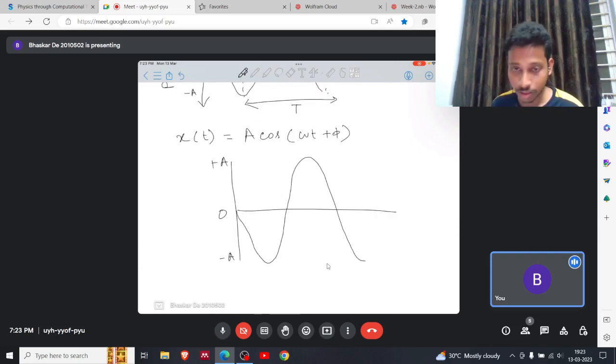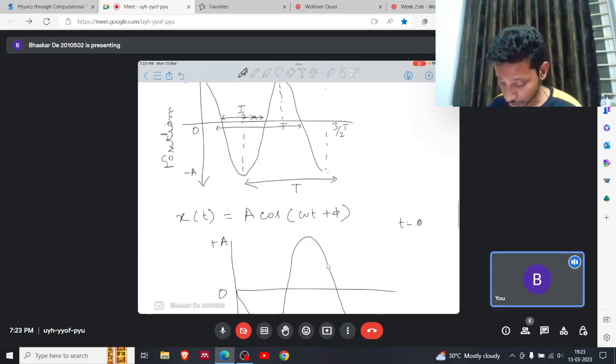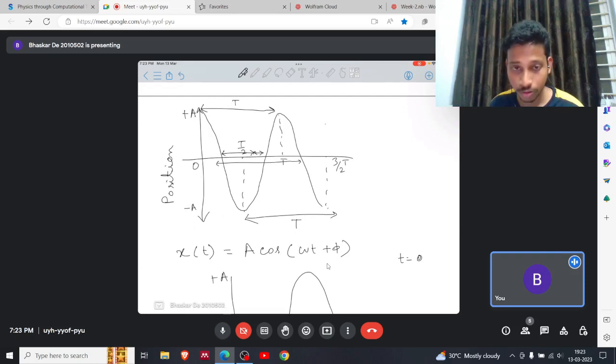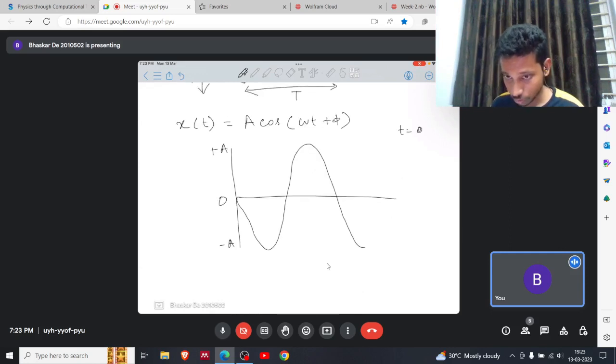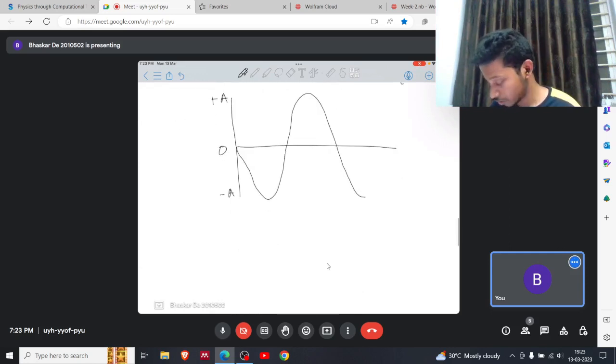This happened because we are determining t equal to 0 at different instants of time. For example, here t equal to 0 when the mass is at position a, but here t equal to 0 when the mass is at x equal to 0. So this phi is known as the phase.